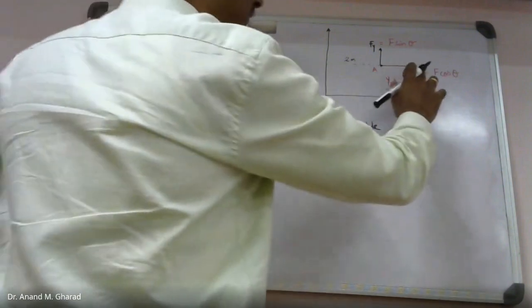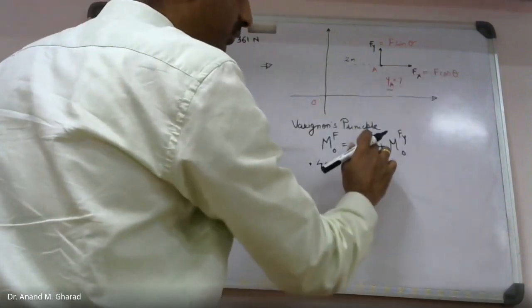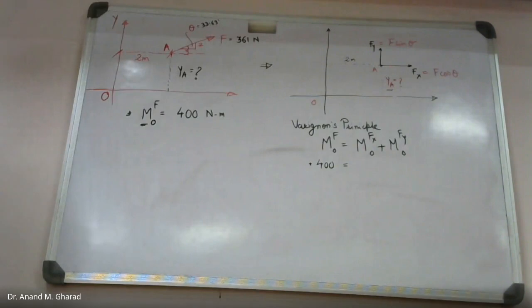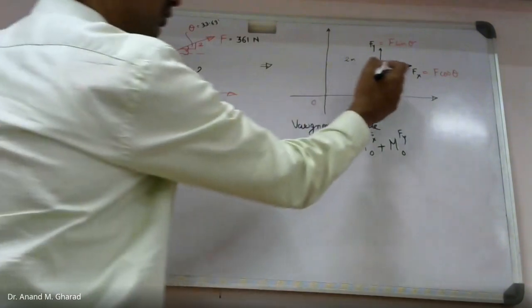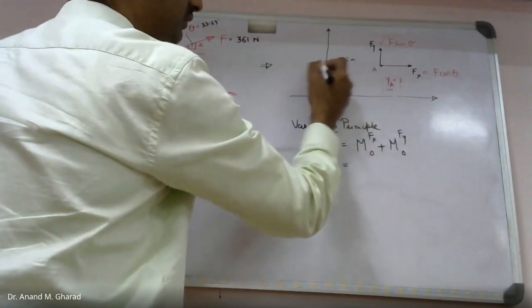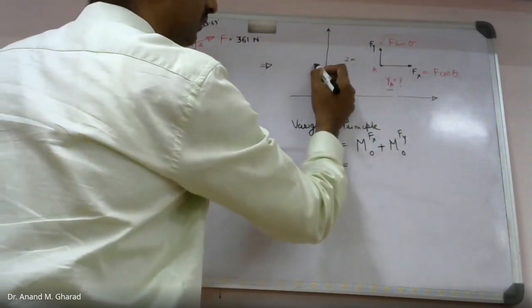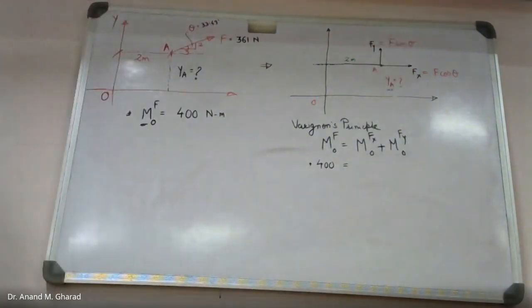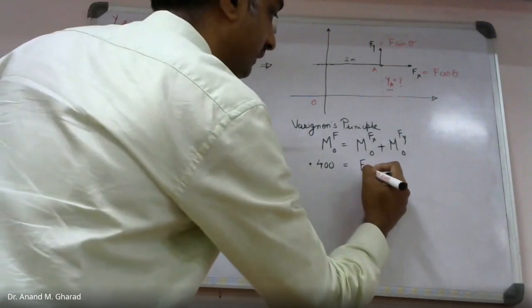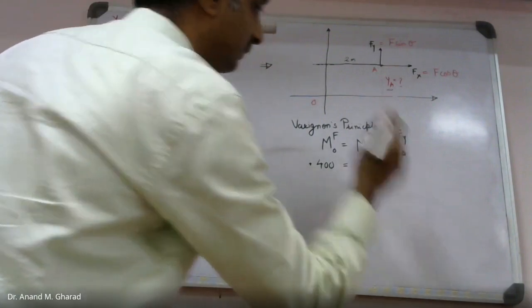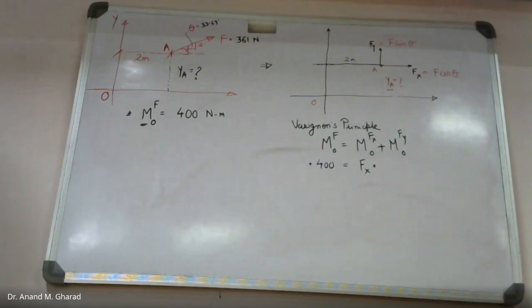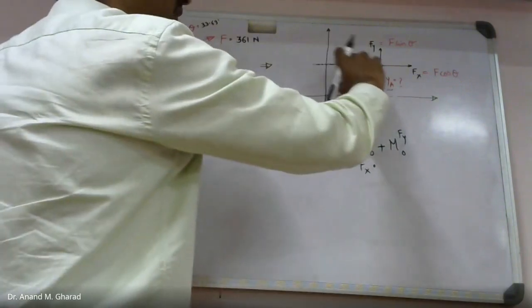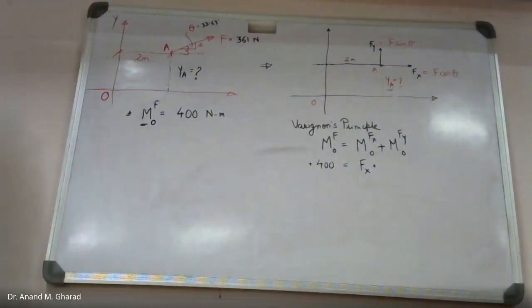What according to you shall be the value for moment about point O due to Fx? For that, you extend the line of action of this force Fx. Okay, like this. So I will say Fx into perpendicular distance. What will be the perpendicular distance associated to force Fx about point O?